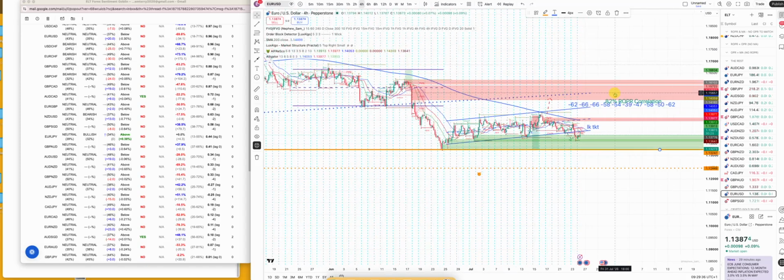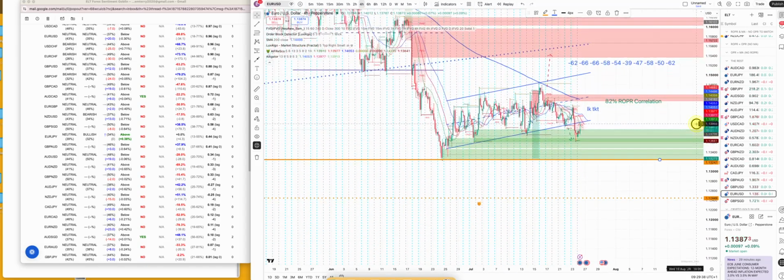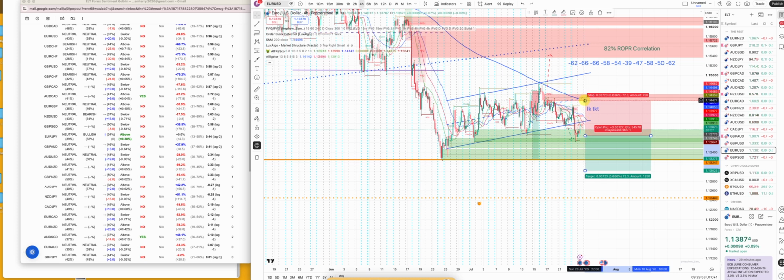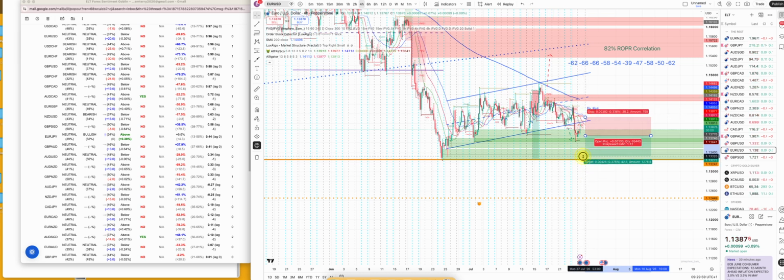Could be a trade if the numbers ever line up, which they're not doing at the moment. That could be a trade, which would be comme ça. It would need to get back down to there. Actually, it's not enough, is it?